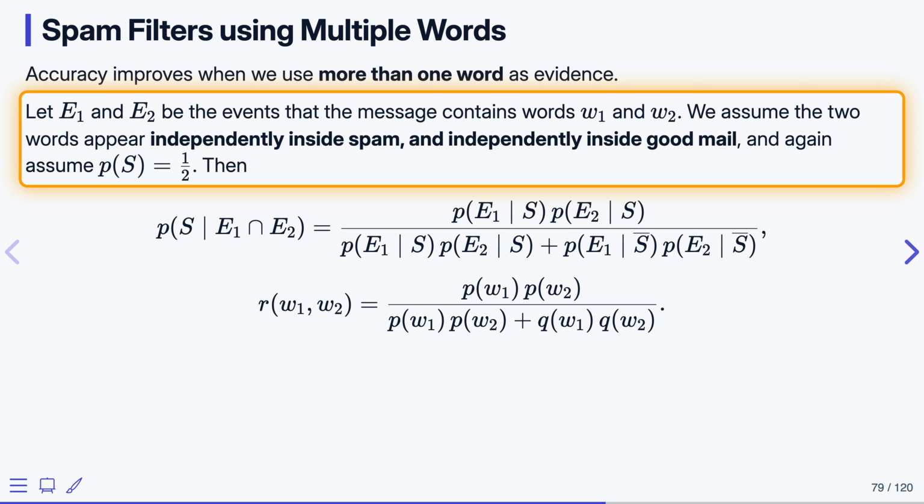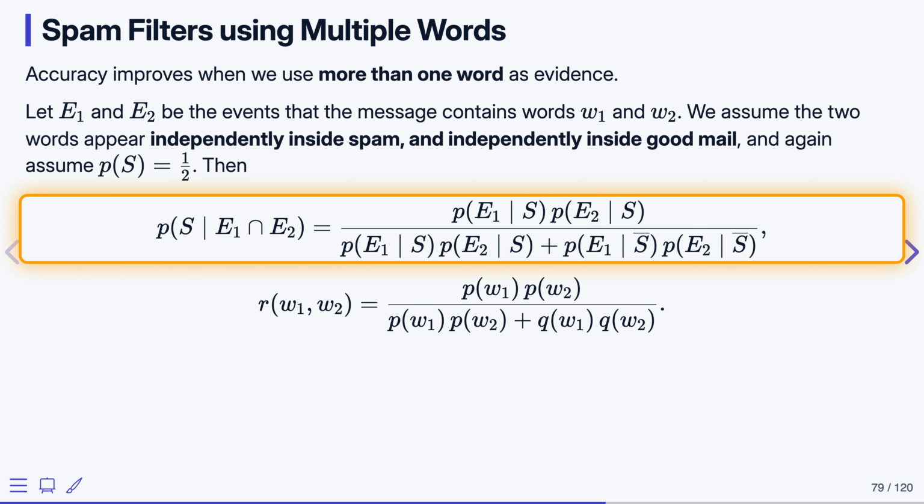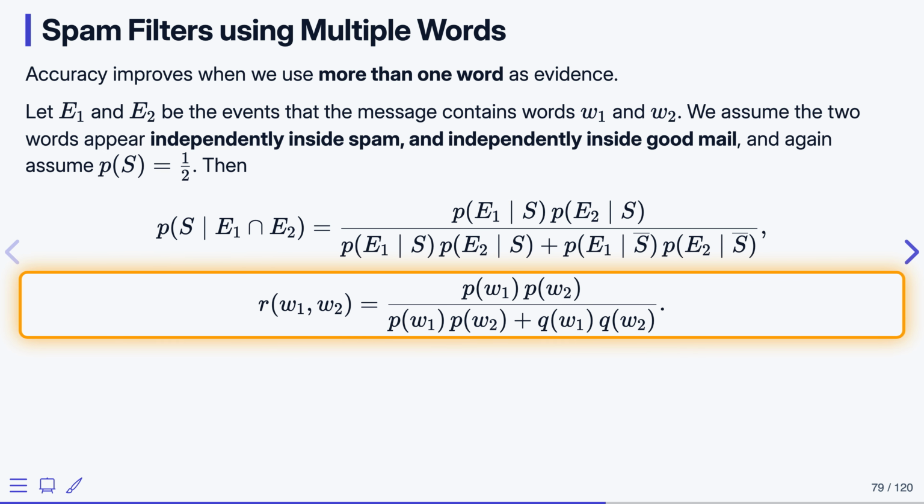Again, we assume spam and good email are equally likely. Then the score has the same shape as before, but now with products. The top is P of W1 times P of W2. The bottom adds the good email product, Q of W1 times Q of W2. The independence assumption is not perfectly true, but it works well in practice.